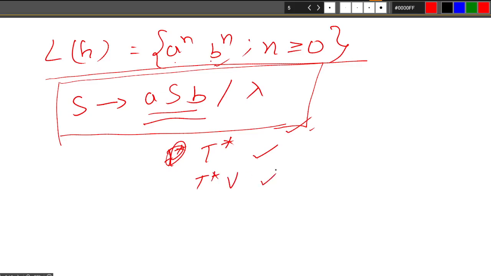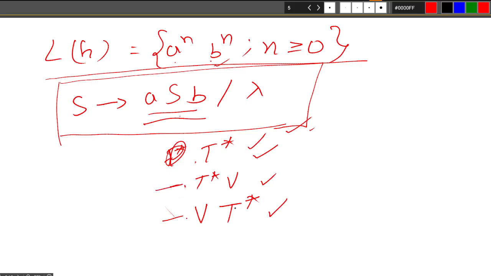This is also a possibility. You can also have a variable and then any number of terminals. So any of these three things is possible. This is always possible, no problem. But among these two, any one can be possible, not both of them.